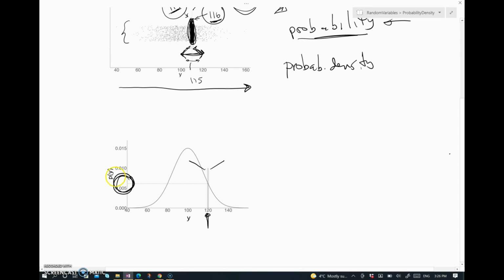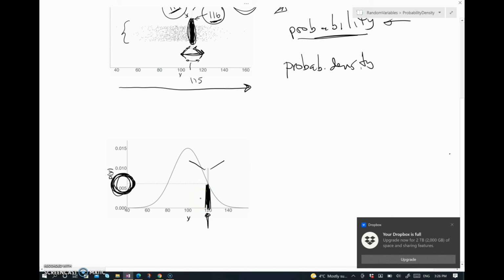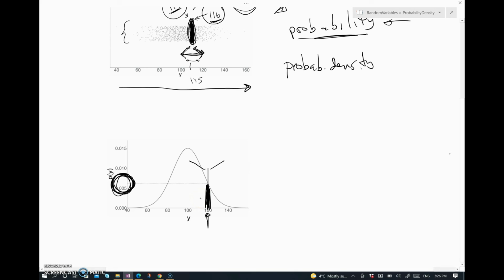This value here, between 0.005 and 0.010, is obtained by taking the probability of lying in this region between those two lines, dividing by the distance between those two lines as that distance becomes infinitely small.